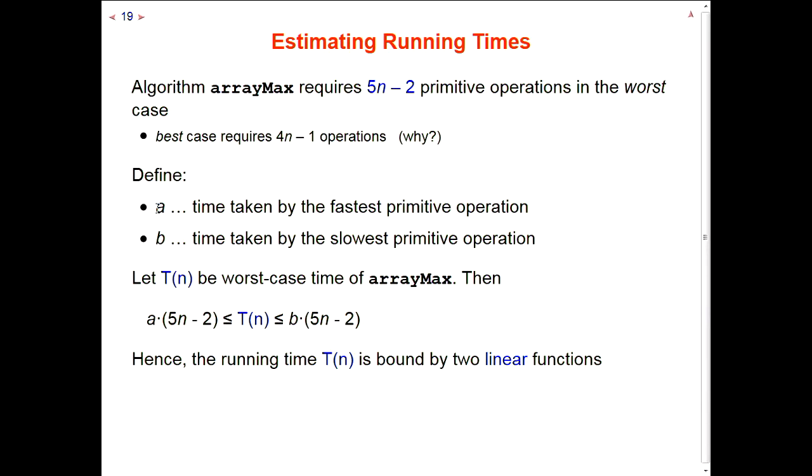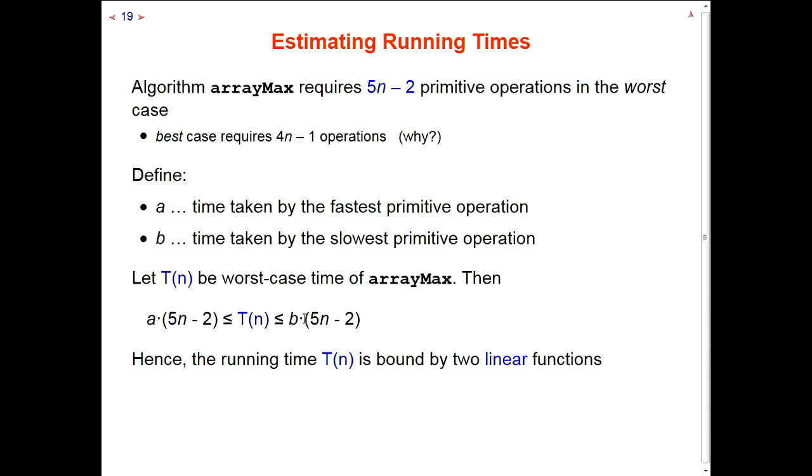What we can then say is that if by T(n) we denote the worst case time that it actually takes the algorithm to execute, then it must lie between these two bounds. If all the primitive operations take at least a and at most b time to execute, then my actual time lies in between these two boundaries.